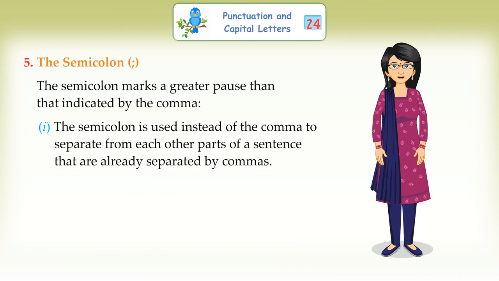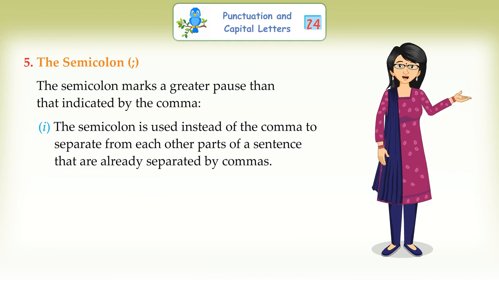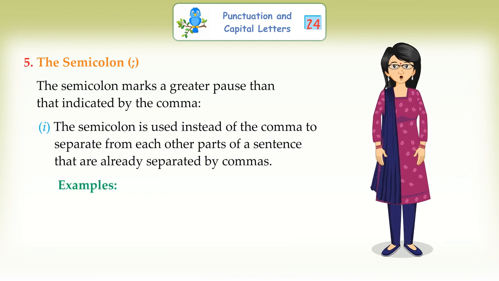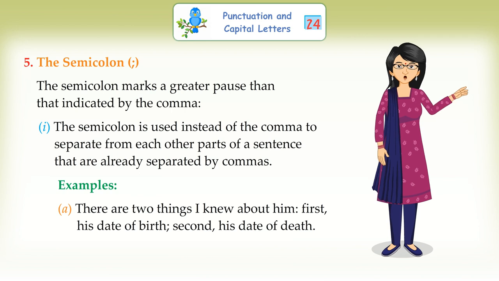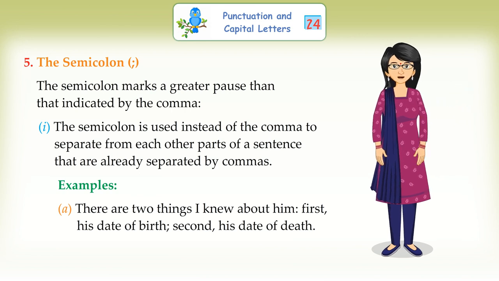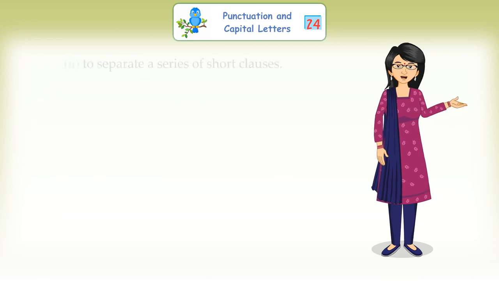The semicolon is used instead of the comma to separate from each other parts of a sentence that are already separated by commas. Example: There are two things I know about him: first, his date of birth; second, his date of death.